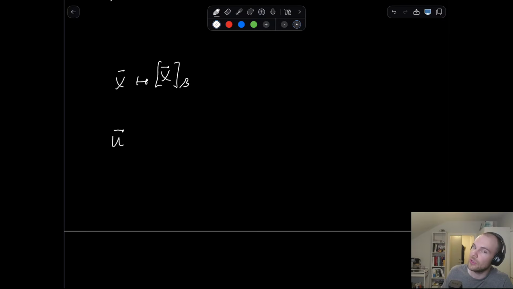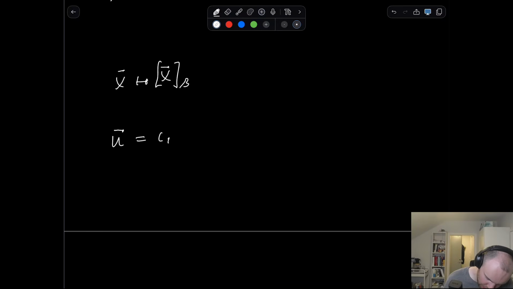Vector u is equal to some kind of c1, right? But now, and that doesn't quite make sense, right? I need c1. I'm not quite certain how I want to do this. Let's see. Okay, let's try.